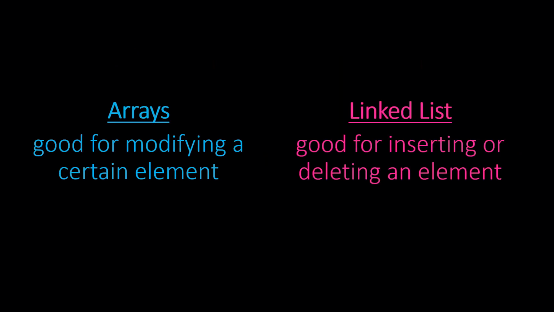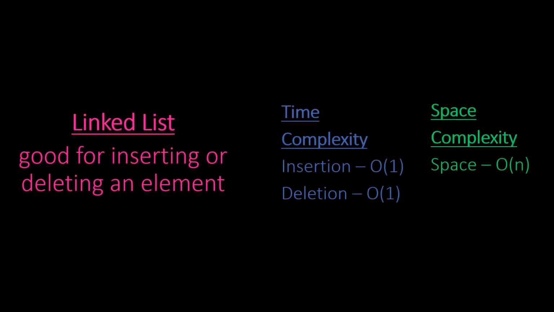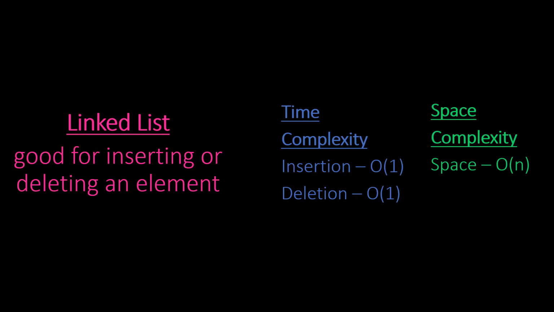So in summary, an array is useful when you have to modify a specific element, but if you believe you're going to have to insert or delete elements at a later time, a linked list might be more appropriate. And the last piece that I'll say about efficiency is that when we're discussing data structures and algorithms, there's a standard way of representing the efficiency of certain operations in regards to the time and memory that gets consumed.